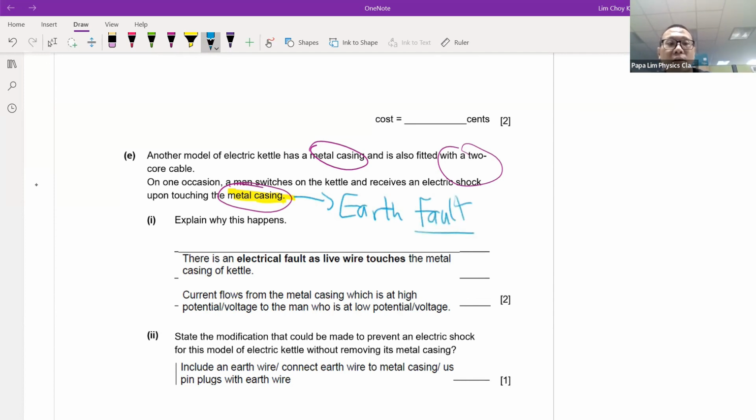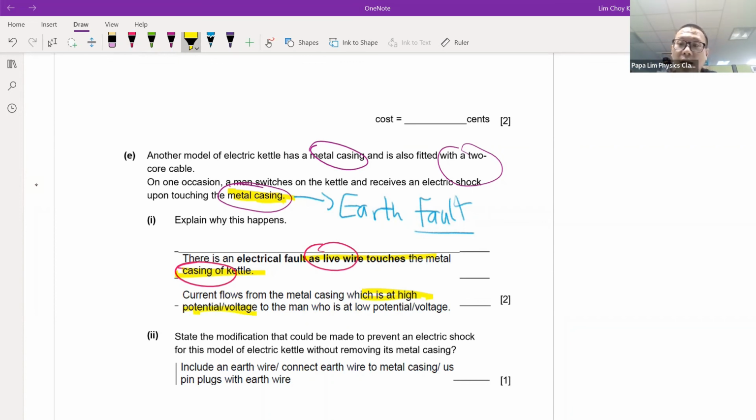And when does earth fault occur? When the live cable touches the metal casing. So this is the first keyword I'm looking for. When high current touches the metal casing, the current will flow into the casing, which makes the casing high potential. And because of that, I can get electrocution.